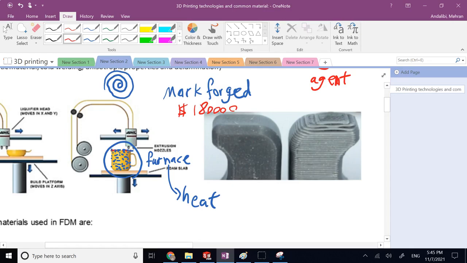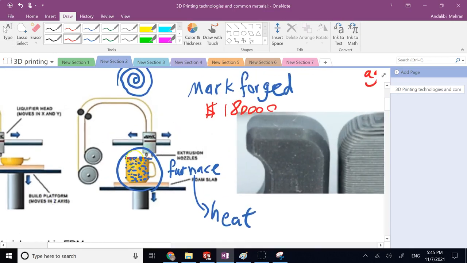That's one thing. Two, when you print and this binding agent evaporates, the part shrinks. If you don't calculate how much you will shrink, you will end up with a part that is smaller and you lose tolerances.